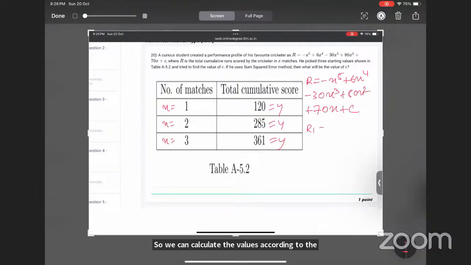So what will be the R1? That means when we put x equals 1, what will be the R1? This is suppose y1, y2, y3. Okay. So you have to calculate the value of R1. What is R1? Anyone?